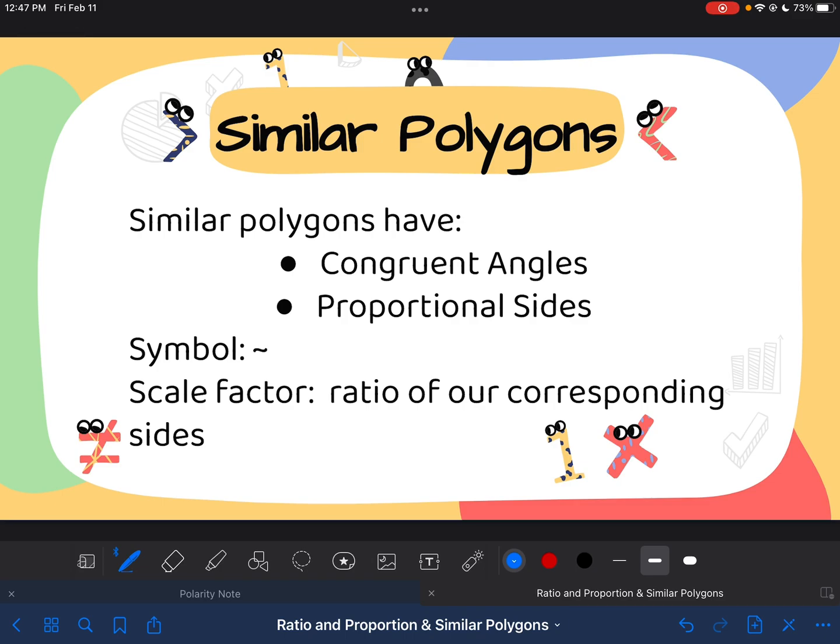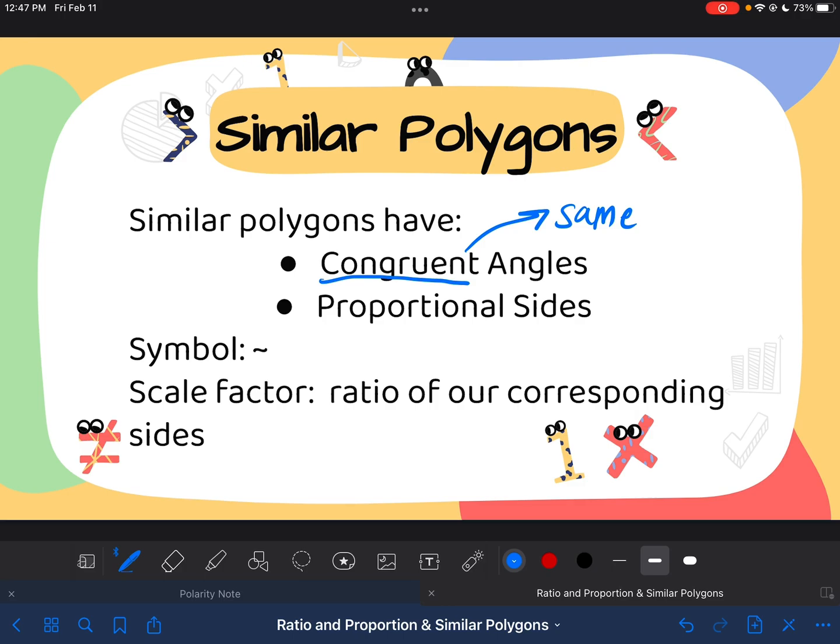Now, let's go on to similar polygons. There are two concepts you must understand: congruent angles, and if you don't know what congruent means, which you should know, it means the same, and proportional sides.